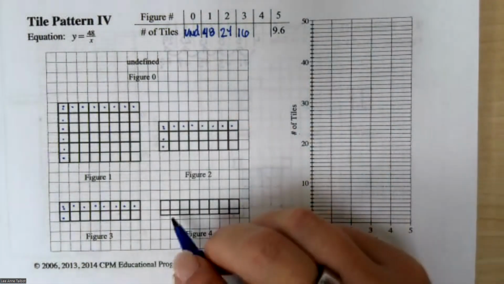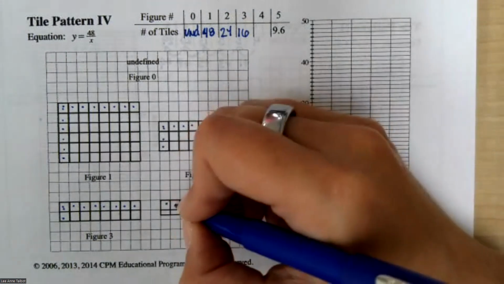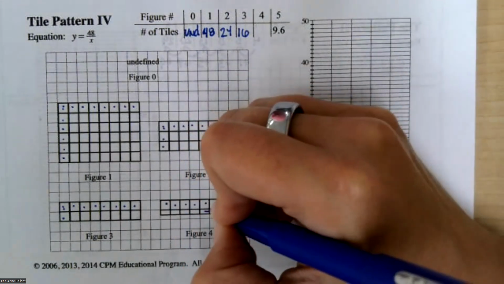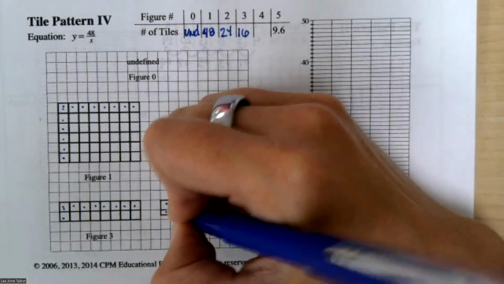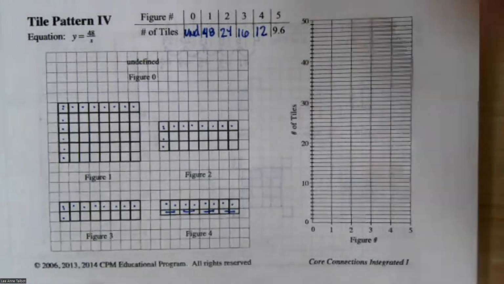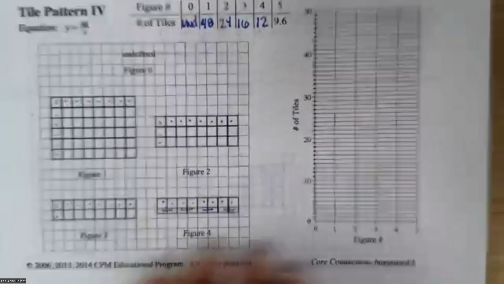Okay, now this last one is weird. These are little halves. 1, 2, 3, 4, 5, 6, 7, 8, 9, 10, 11, 12. I made little smileys. I didn't even mean to. I mean, I totally did mean to.